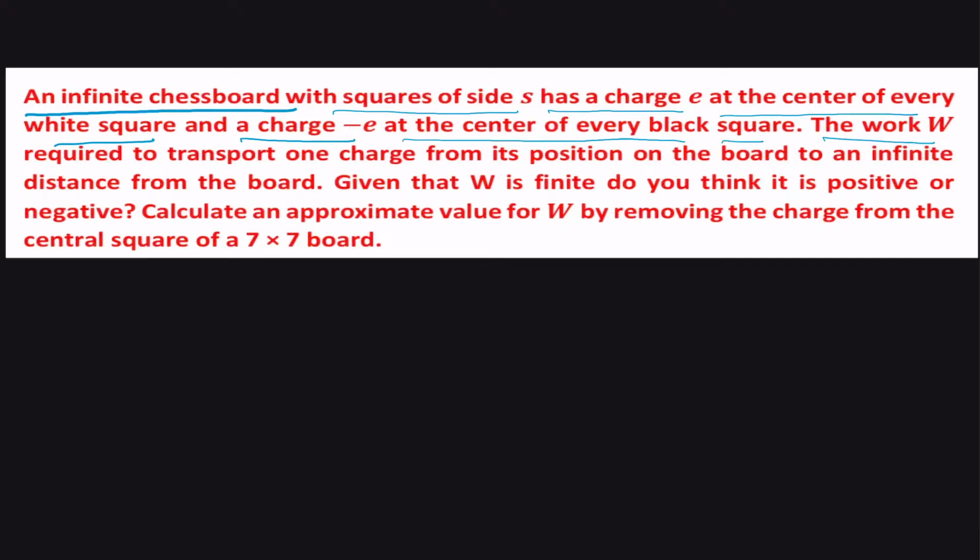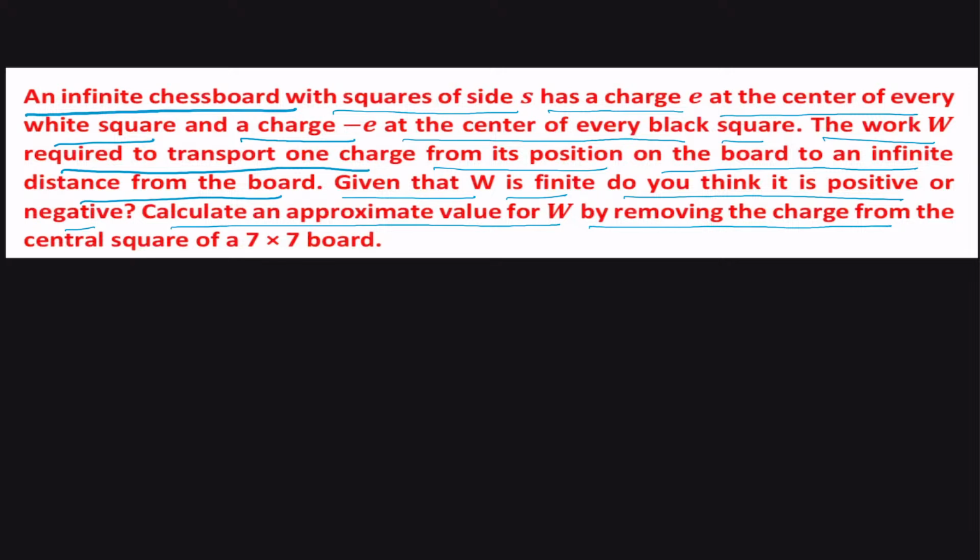The work W required to transport one charge from its position on the board to an infinite distance from the board. Given that W is finite, do you think it is positive or negative? Part B, calculate an approximate value of W by removing the charge from the central square of a 7 by 7 board.